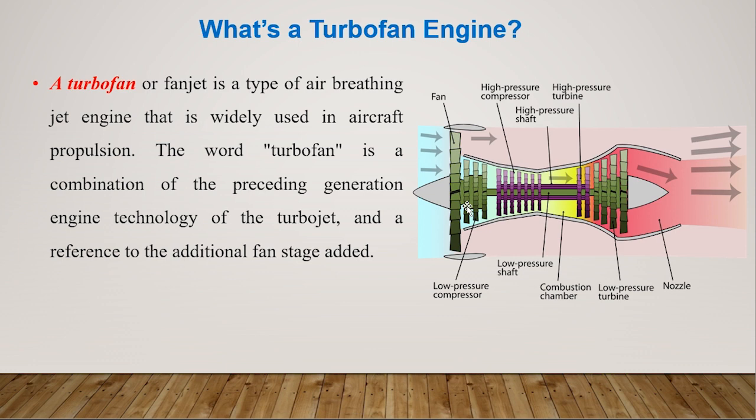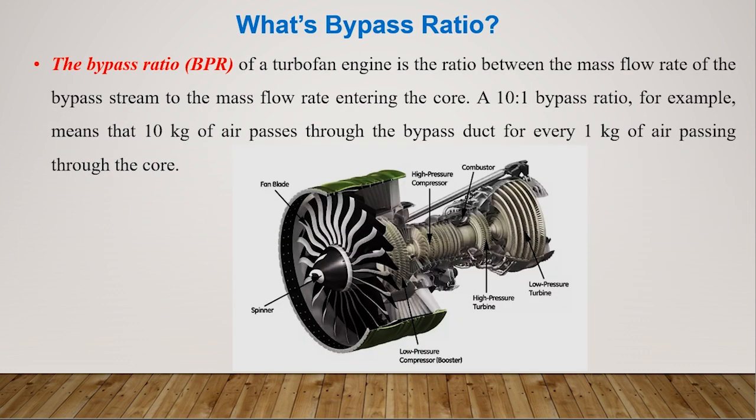This picture shows the old type of turbofan engine, and nowadays it is upgraded with a gearbox in between the fan and the low pressure compressor section. In other lectures I can show a picture of that gearbox and its significance, and we can discuss it.